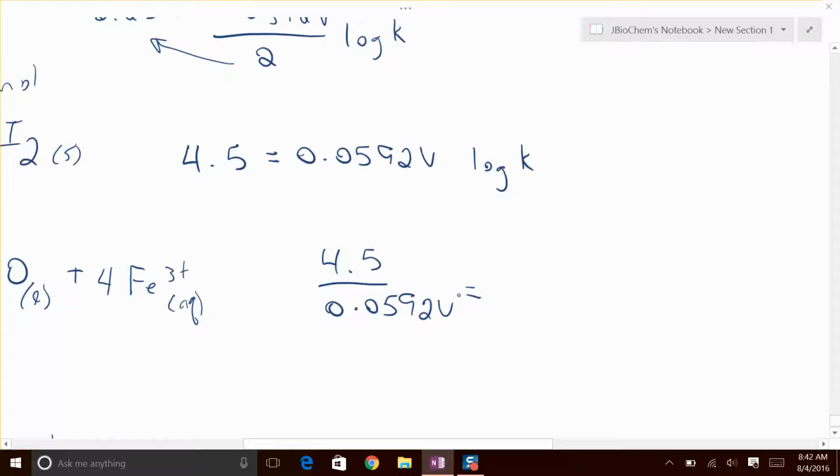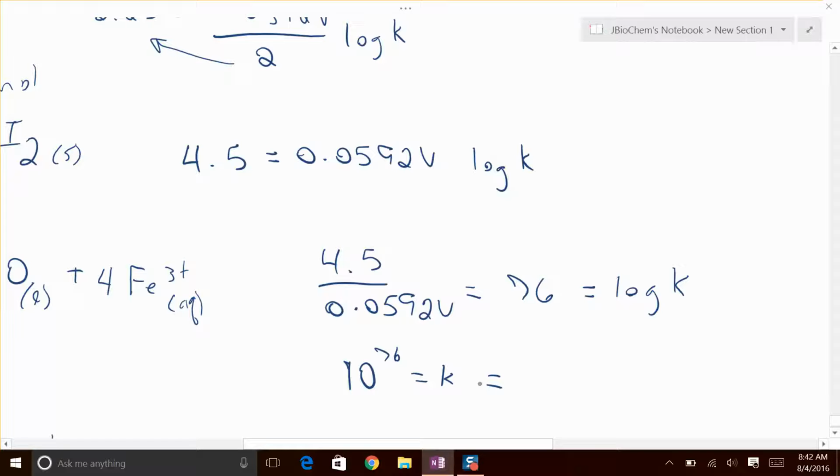What do we get from that? 4.5 divided by 0.0592? 76. Okay, 76 equals the log of k. So then I'm going to take the anti-log, 10 to the 76th equals k.